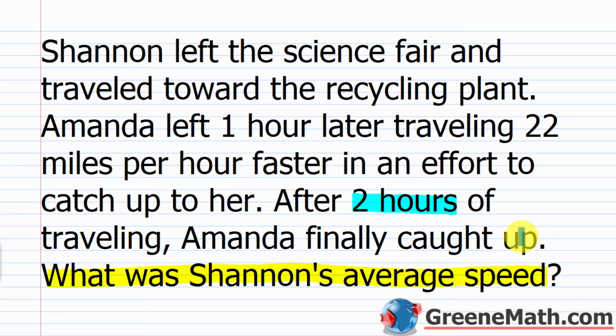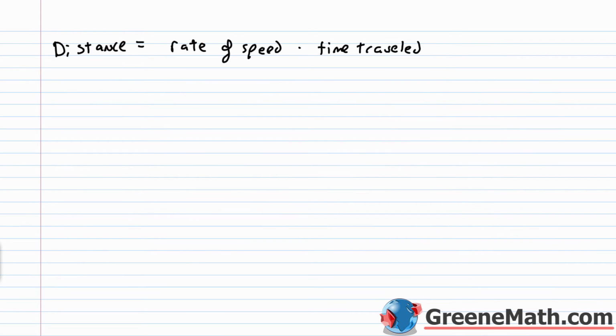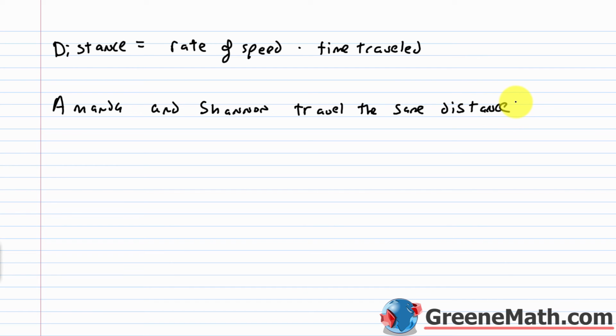So one thing we know about the distance, in this particular case, is that Amanda and Shannon travel the same distance. So their distances in the end will be equal.